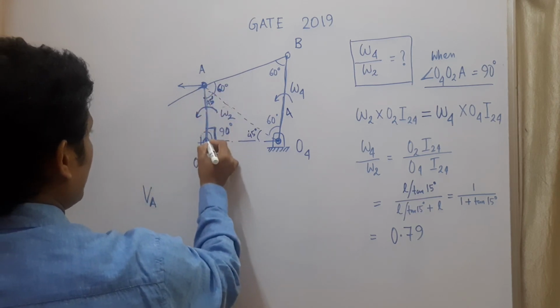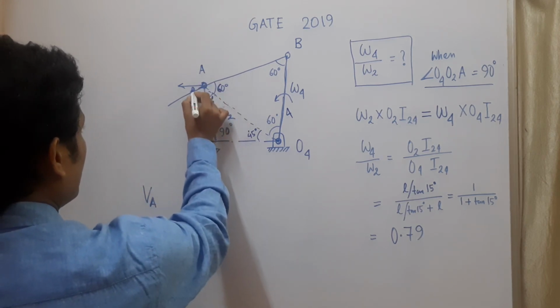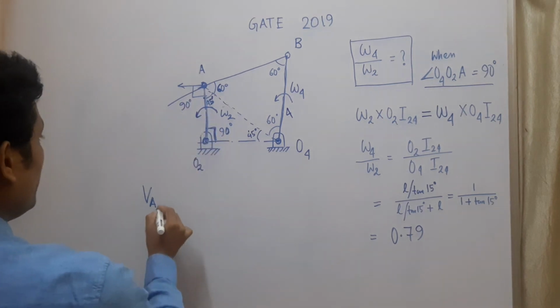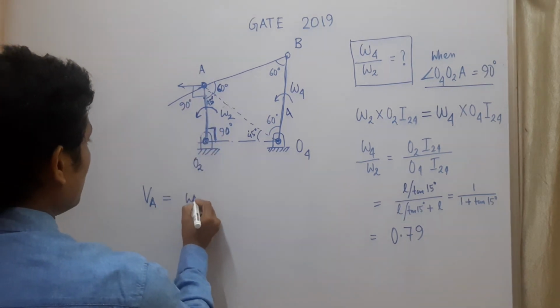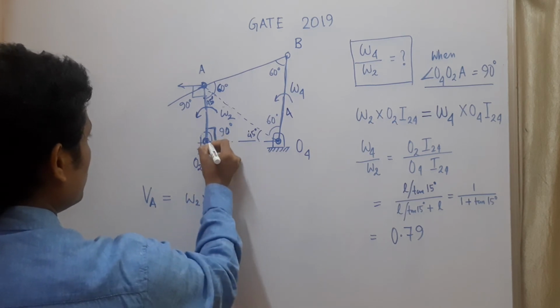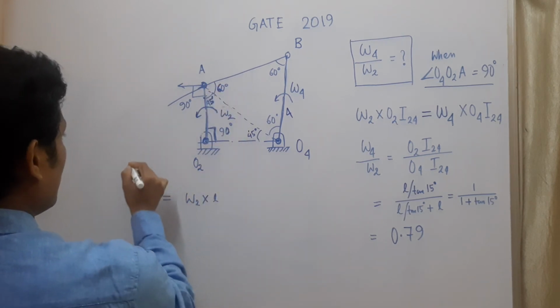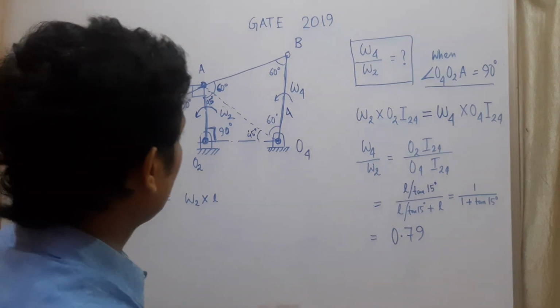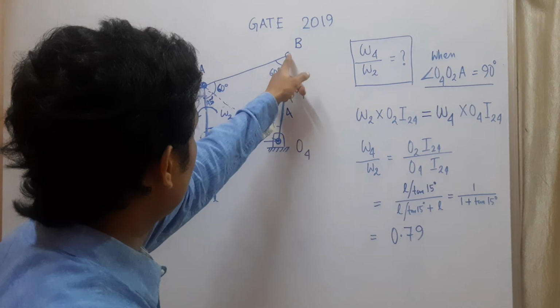VA is perpendicular to O2A, so this angle is 90 degree. Velocity of A will be VA equal to omega 2 into L, because O2A is L. And what is the velocity of B, VB?